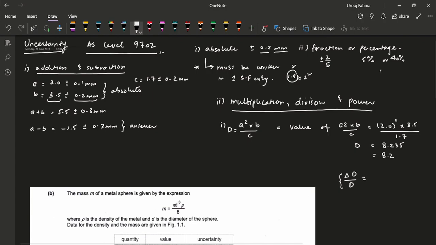So in this particular thing we had a, so I'm also going to fraction the a out, and then add the other values: delta b upon b, that's uncertainty in b divided by b, and then delta c upon c.